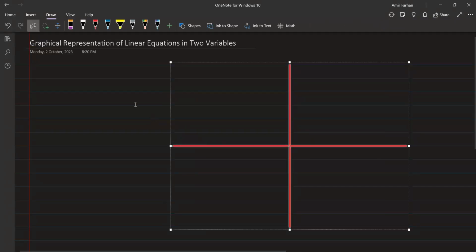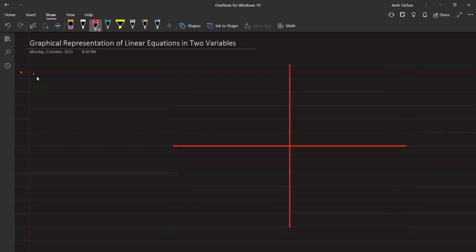So suppose this is our graph, right? Okay. So suppose x plus 2y equals to 6.